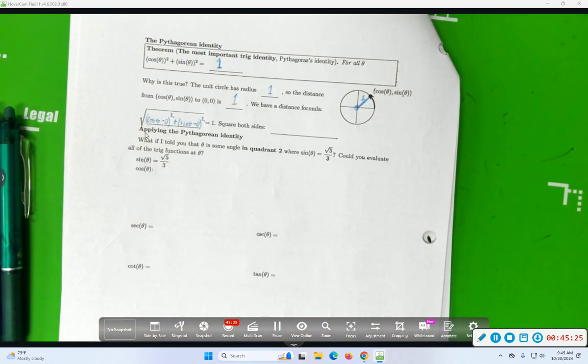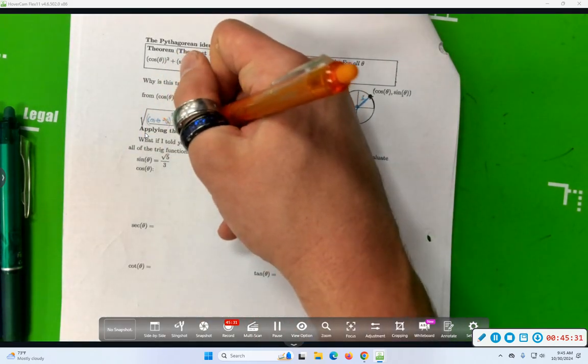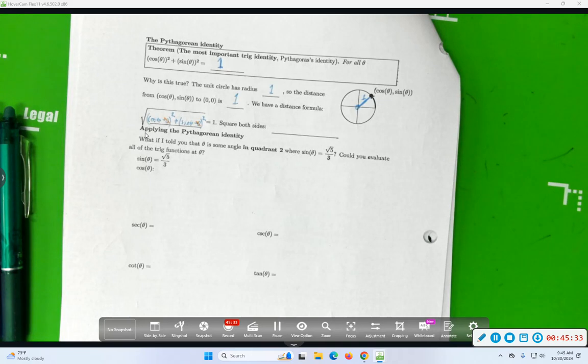Do the minus zeros actually matter here? Nope. So this is telling me that the square root of cosine squared plus sine squared is 1.